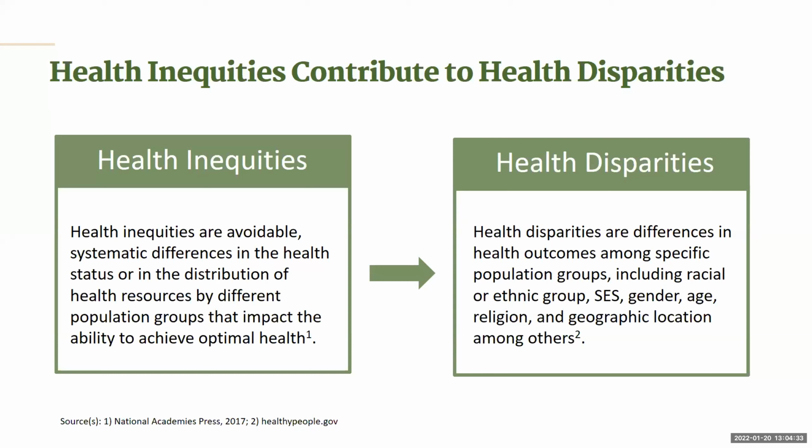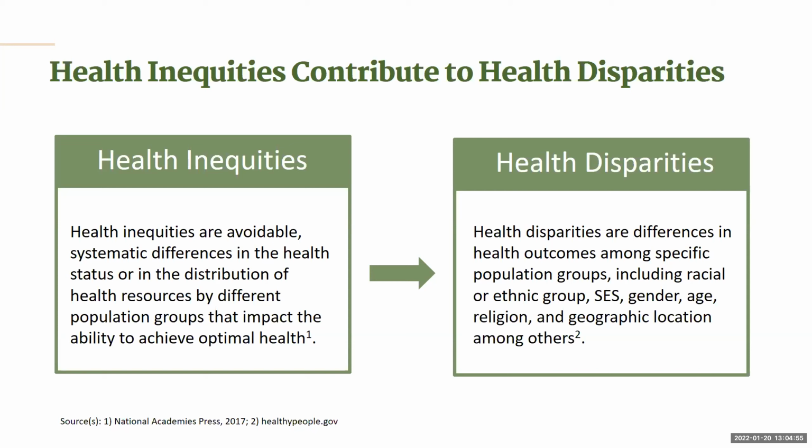Health equity is everyone having a fair and just opportunity to achieve optimal health. When those inequities are in place, they contribute to health disparities, which are simply differences in health outcomes among specific population groups. These could be by race or ethnicity.